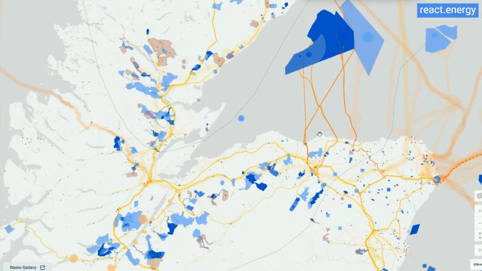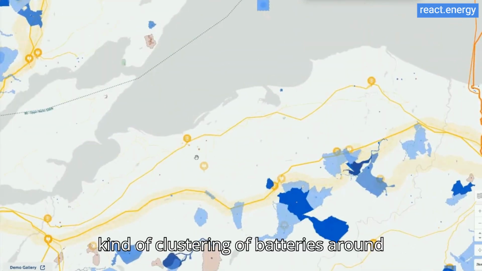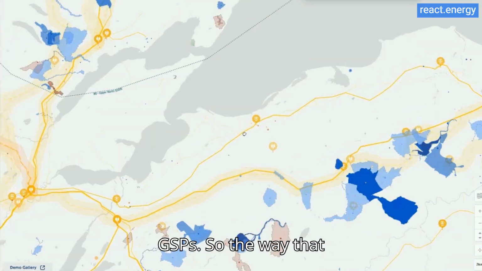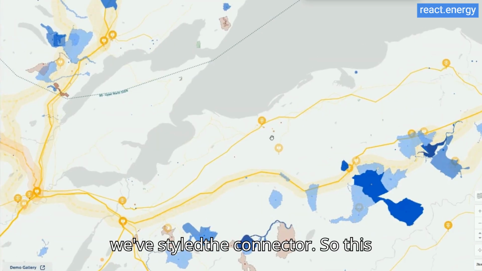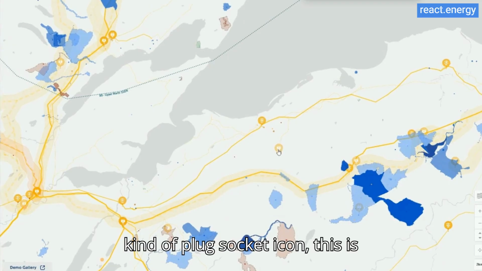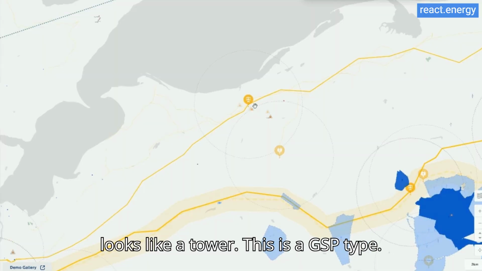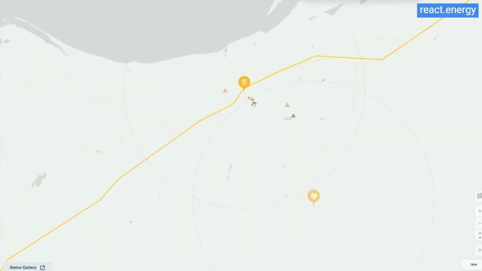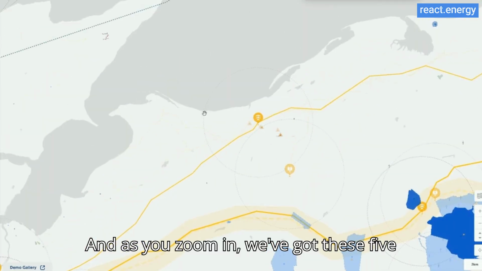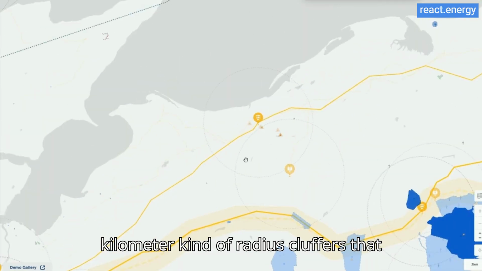So the way that we've styled the connector, this plug socket icon is a transmission substation. The one that looks like a tower is a GSP type. And as you zoom in, we've got these 5 kilometer radius buffers that pop up.